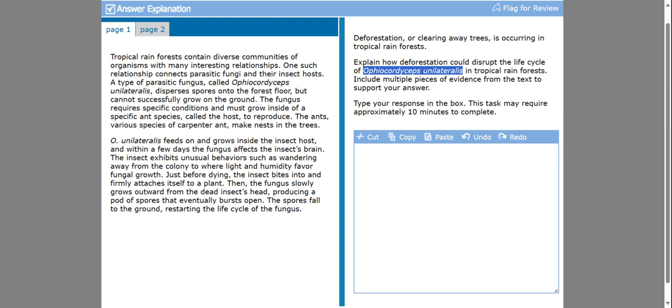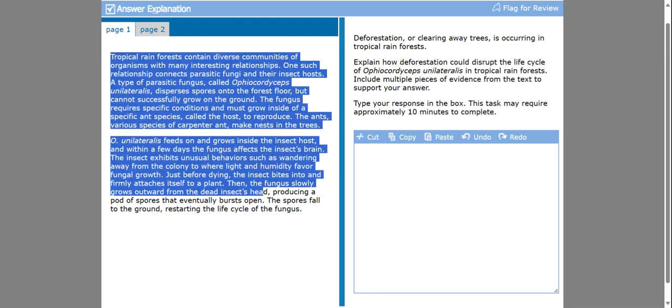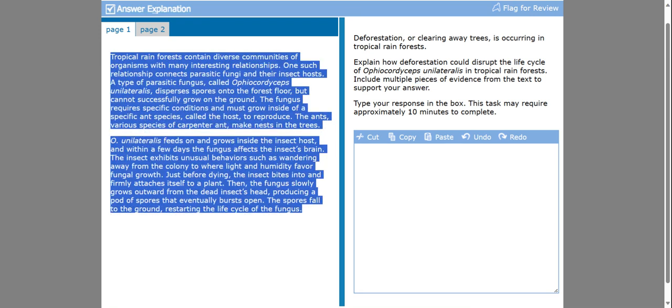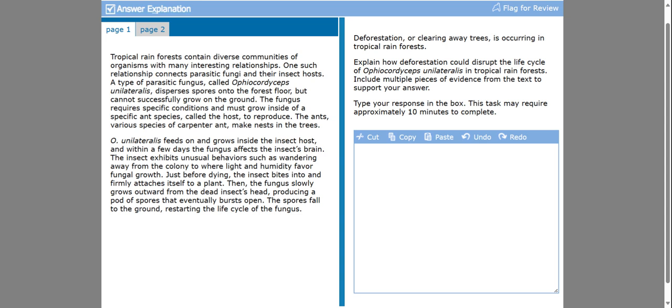Now for the next part, which is very important to think about. Right, writers, it says include multiple pieces of evidence from the text to support your answer. What this is basically saying is when you write your response to this question, you have to pull text evidence from the passage and support your answer with it. And notice how it says multiple pieces of evidence from the text.